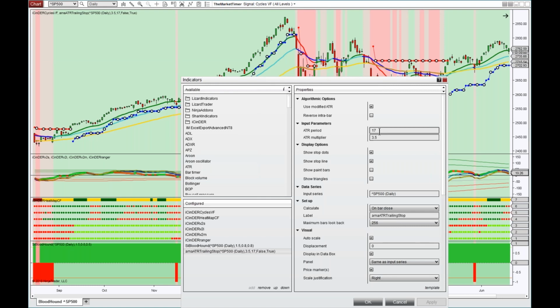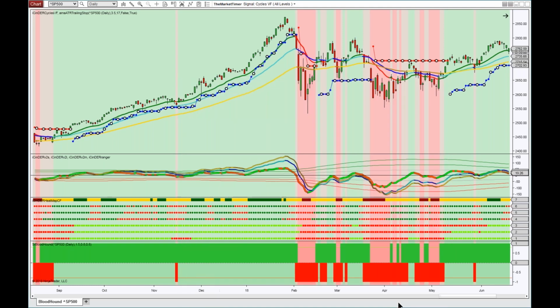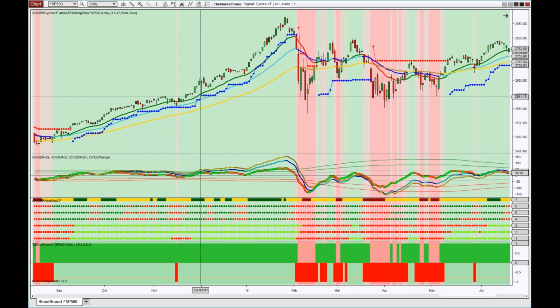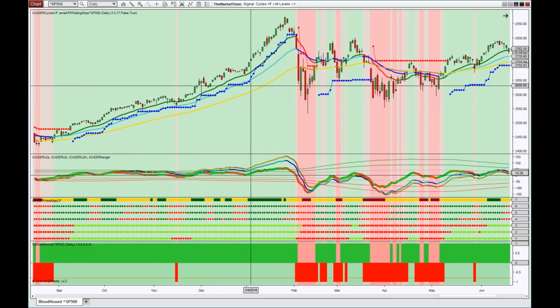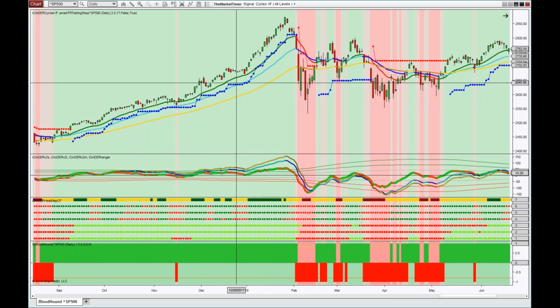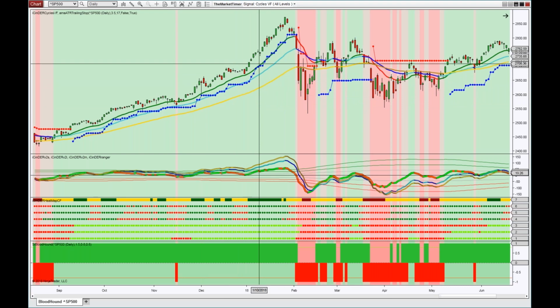And I made a change. The number here is 17. I cannot remember, I think it was 14 days was the default. I changed it to 17. There's a specific reason for that. I won't disclose that, but 17 is a number that it would more than likely should be there. And that does provide you a good view. And you can see that in many cases it either follows the minor or the intermediate cycle.